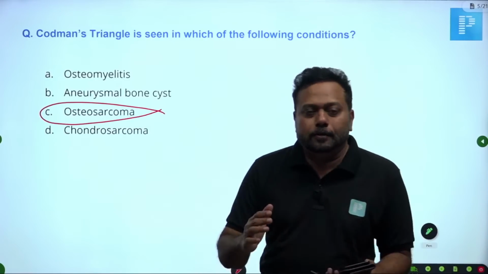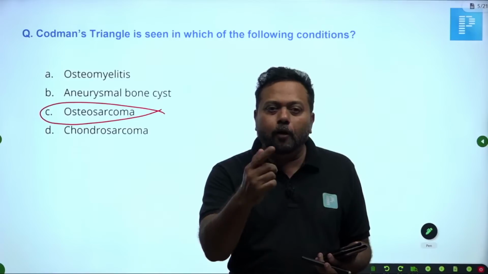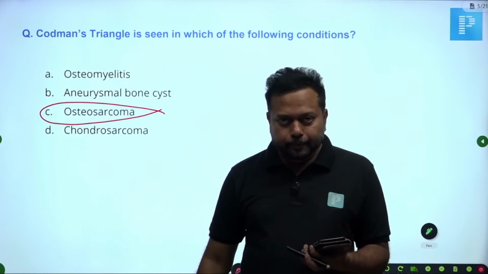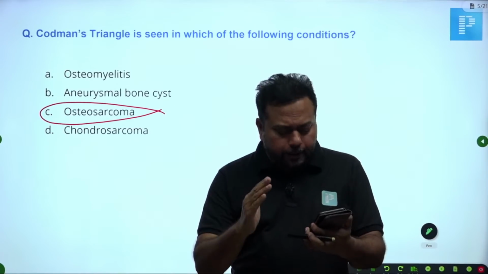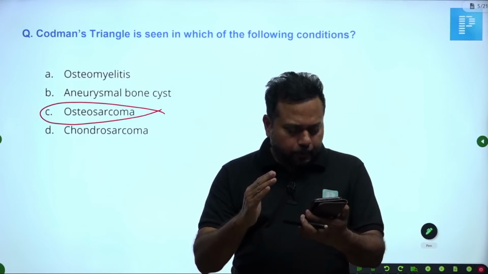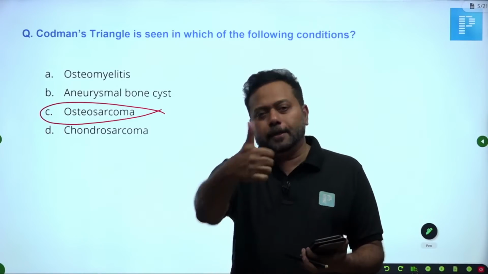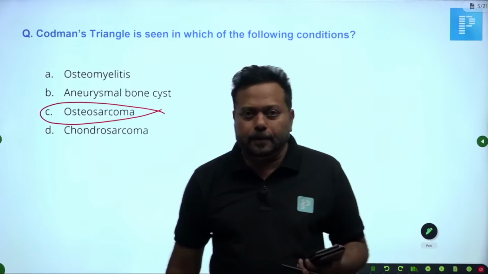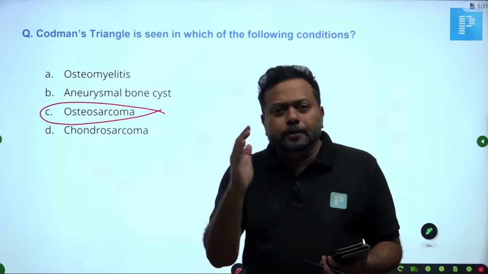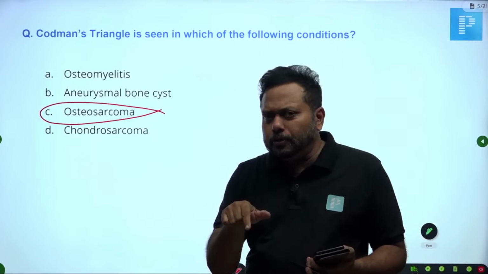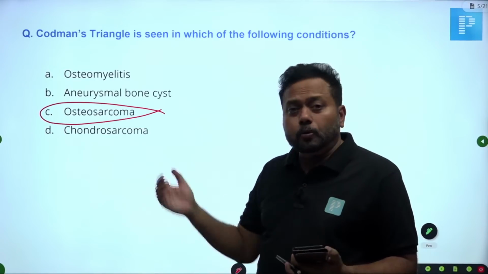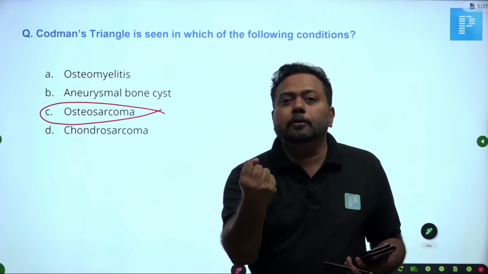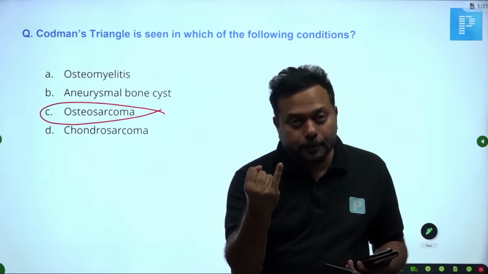Dear friends, Codman's triangle is one form of periosteal reaction in bone. Is periosteal reaction seen only in osteogenic sarcoma? No. Common cause for periosteal reaction, osteomyelitis.